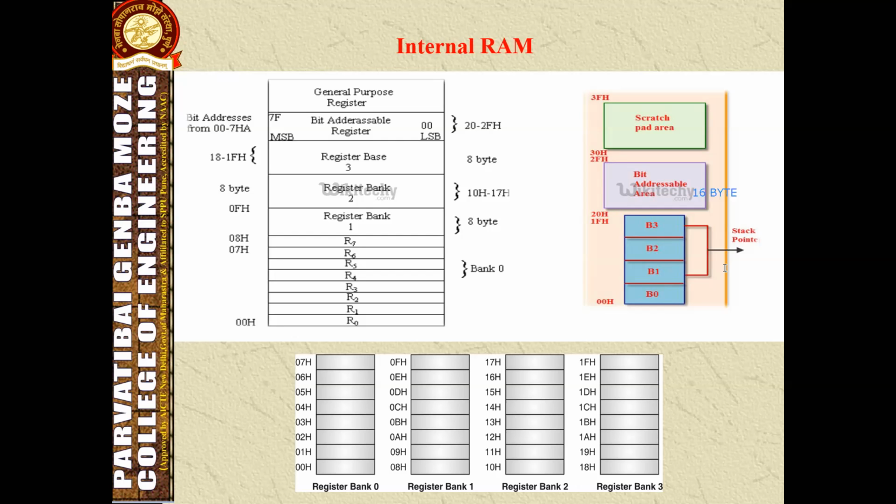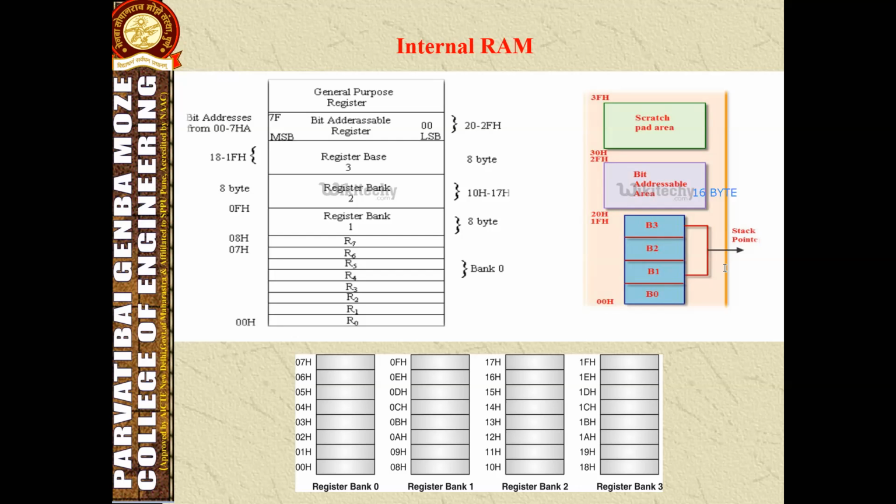What are the uses of internal RAM? It is not essential to utilize the entire area of the RAM of the microcontroller scratchpad. The microcontroller has instructions that allow the internal memory location to be used as a data pointer. The registers R0 to R1 in the 4 register banks, that is bank 0 to bank 3, can be used as a pointer to point to the internal RAM as well as the external RAM.